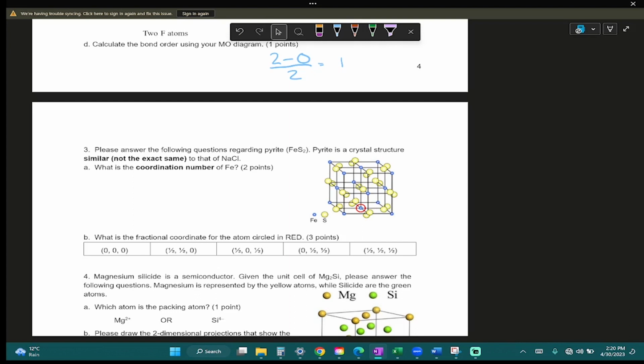I think it's easiest if you look at either this top or this bottom one, either one circle, to figure out the coordination number of it. You can use your fingers if you want. You don't have to say it out loud. It's 6.